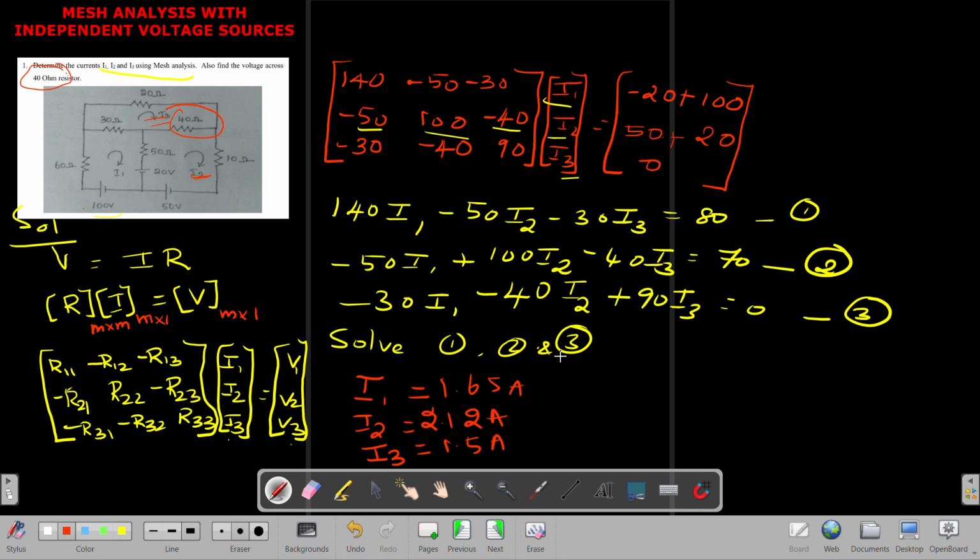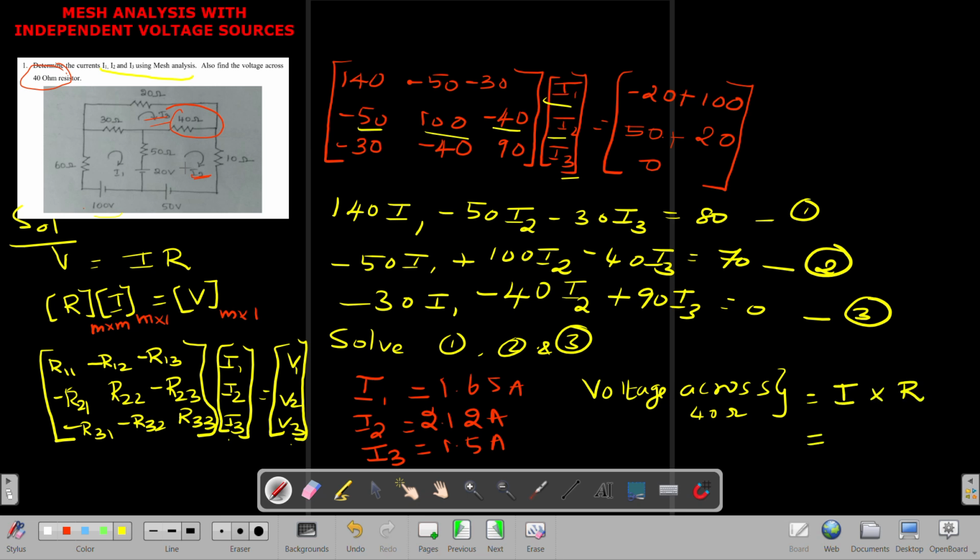Whenever you are trying to find the voltage across any resistor, you go with the basic Ohm's law formula. So I can say that the voltage across the 40 ohm resistor is nothing but the current through the 40 ohm times its resistance.